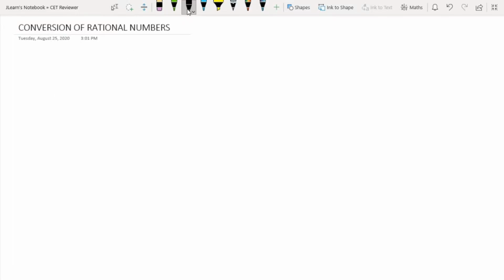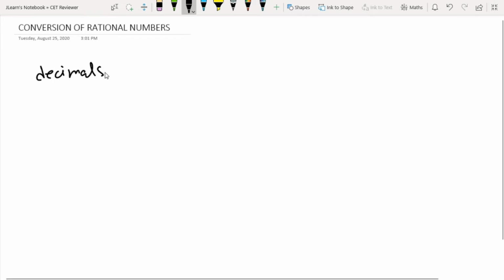So the first thing that we need to learn is how to convert decimals to fractions. Ito yung pinakamadali. Kasi, for example, you have a decimal, kunyari 0.12. Yung number na to, kukunin lang natin yan as the numerator.